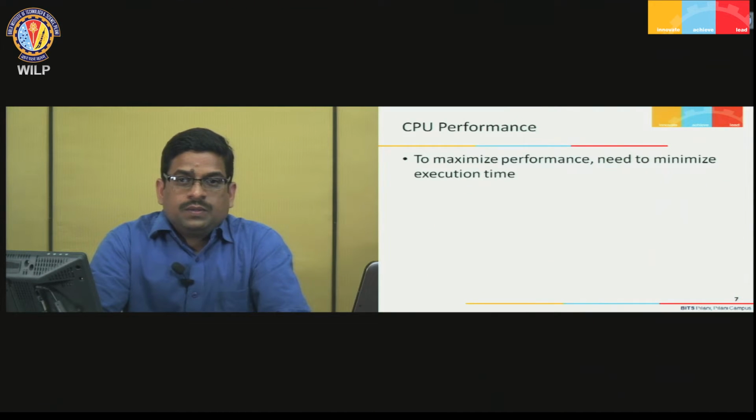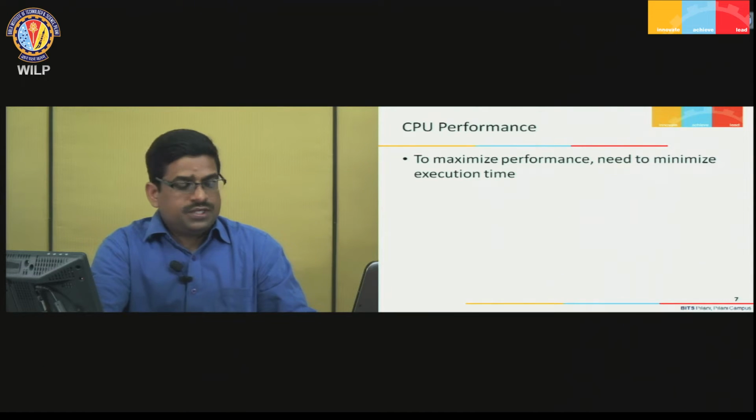Now we try to measure the performance of the computer. We found that execution time is one criterion. If I am running the same program on two computers, measuring the execution time of that program on each computer and comparing, then on this basis a judgment can be made about which computer is faster and which is slower.